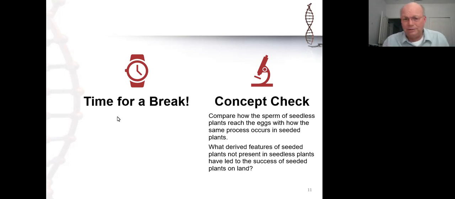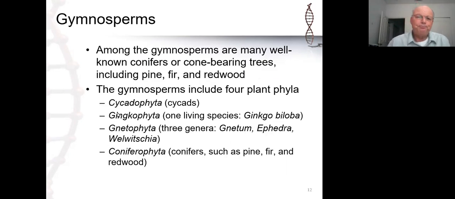So let's go on and take a look at gymnosperms. So there are 4 phyla contained within the gymnosperm clade. We're not entirely sure what the evolutionary relationship is between these 4 phyla, but nonetheless, they do share common DNA sequences.